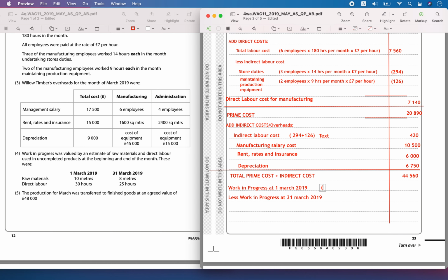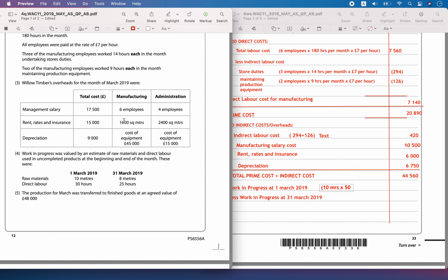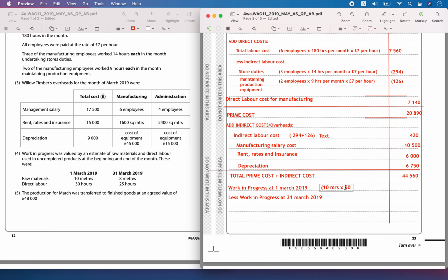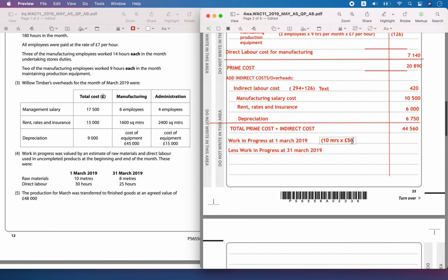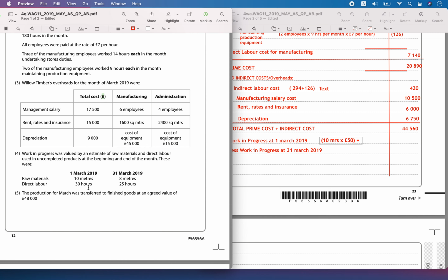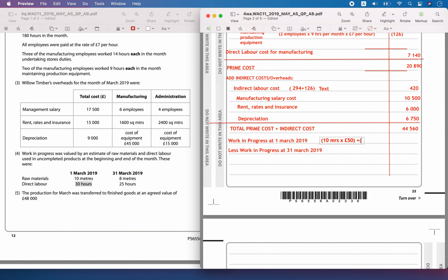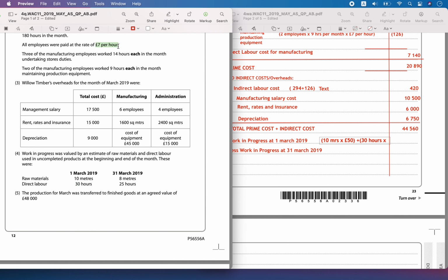So the cost is going to be equal to 10 meters into 50 pounds, because at the beginning the opening raw material cost was 50 pounds per meter, plus you also have the labor cost, 30 hours, paid at the rate of 7 pounds per hour.